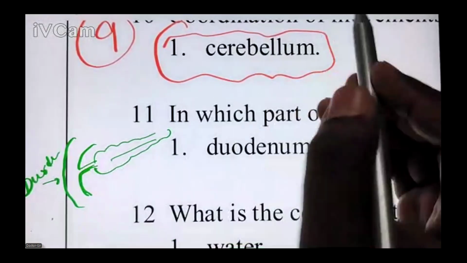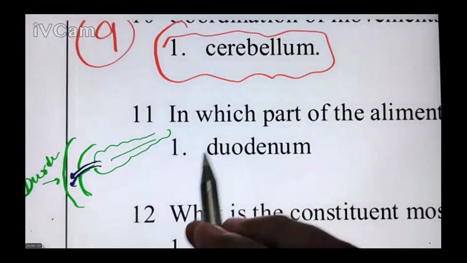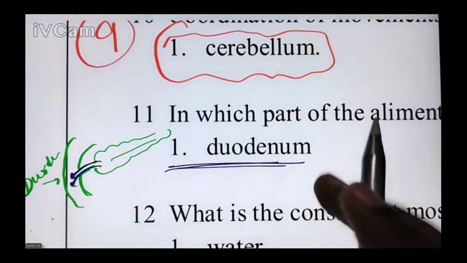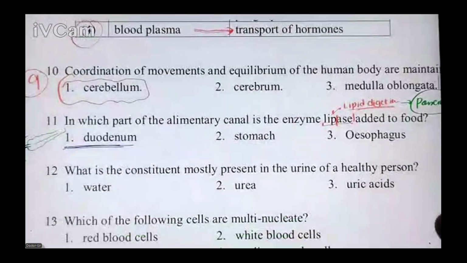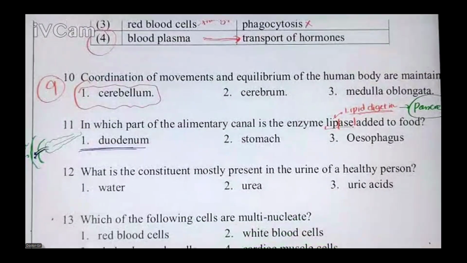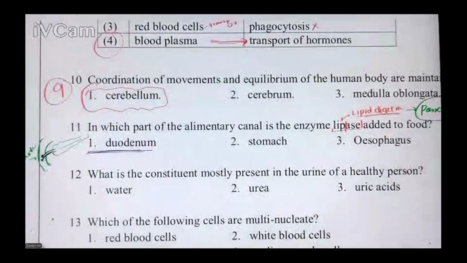The pancreatic enzymes are released into the duodenum. So the answer for this question is duodenum. In which part of the alimentary canal is lipase added to the food? It is from the duodenum, right? Then we'll move on to the next part.